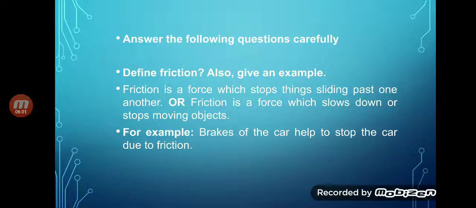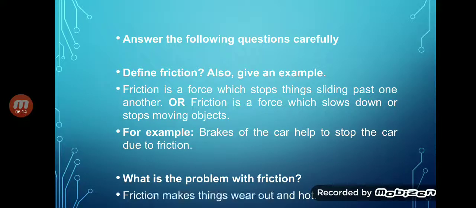Example, brakes of the car help to stop the car due to friction. Okay, when you're driving a car and you apply the brakes, your car stops. Why? It is because of friction. What is the problem with friction? Friction makes things wear out and hot. What is the meaning of wear out?